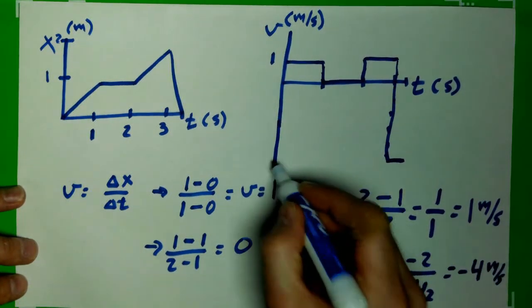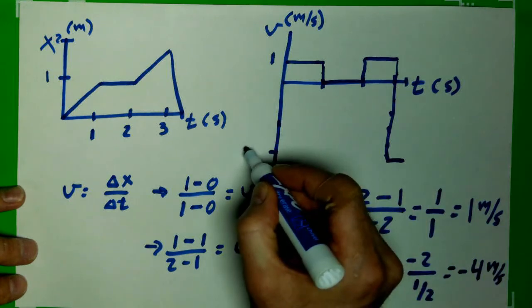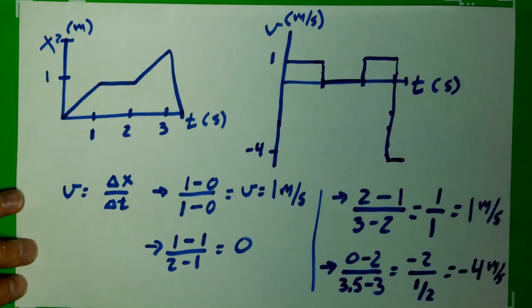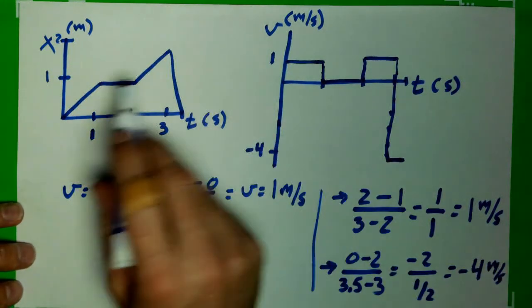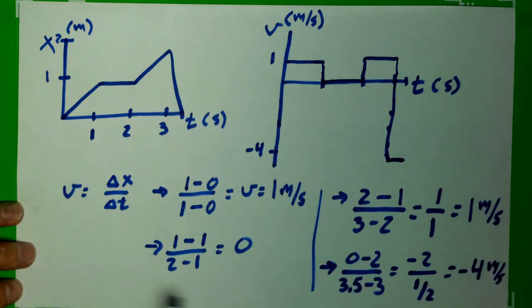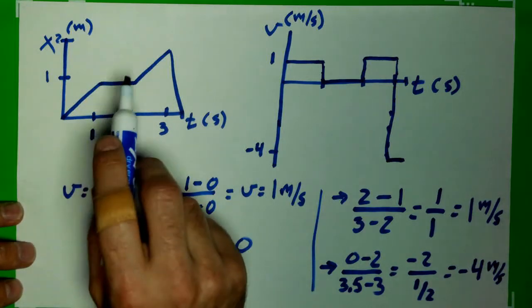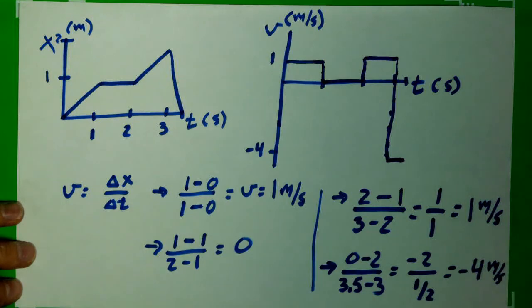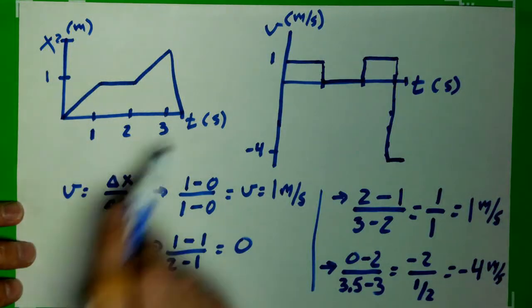So if I were to draw that mark there, that'd be -4. Okay, so we've now been able to look at our graphs and do the math to see how the slope is what matters in determining the value of our velocity, the slope of a position versus time graph.